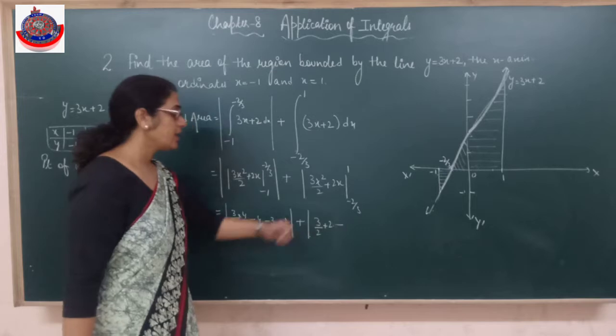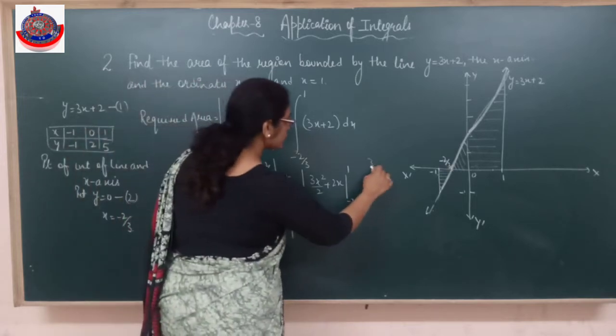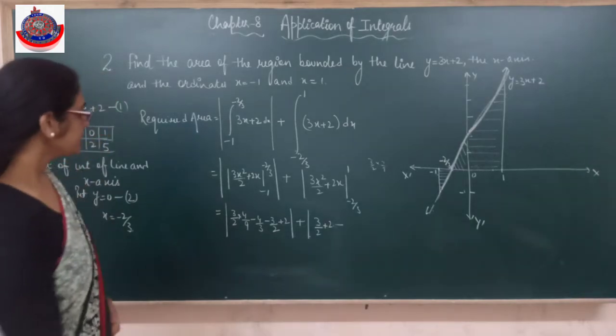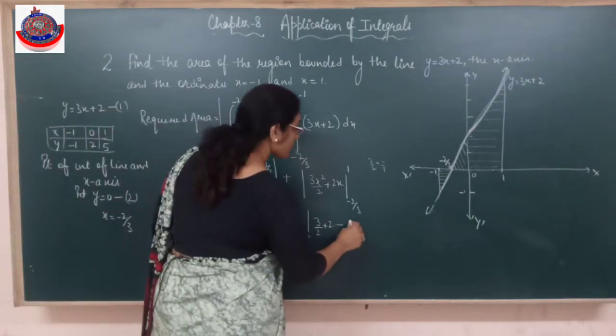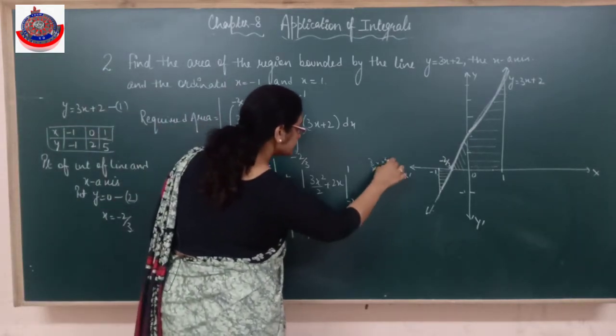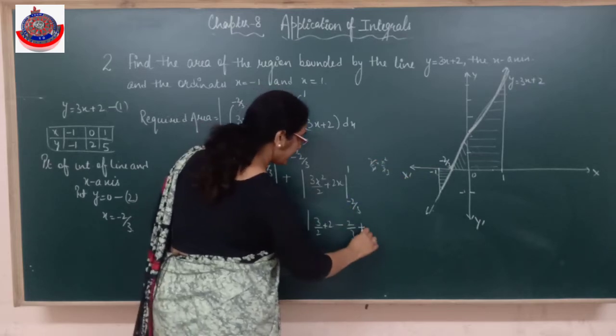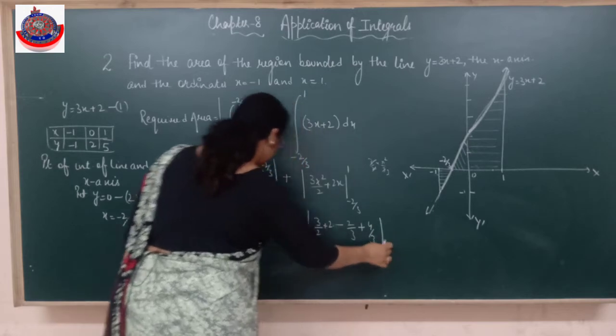The square will be 4 by 9, 3 by 2 into 4 by 9. And you will put minus here, it will become plus. Solve it.